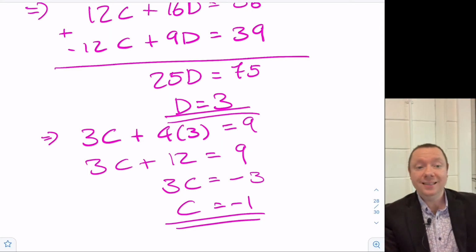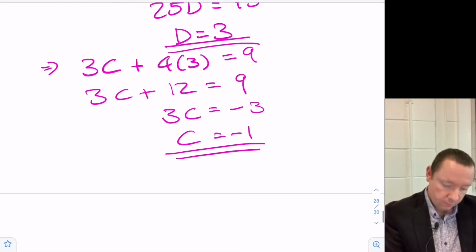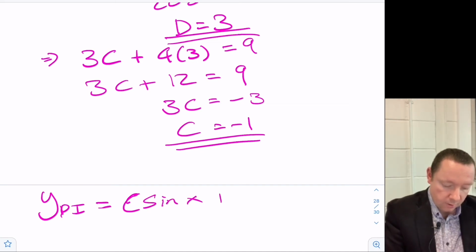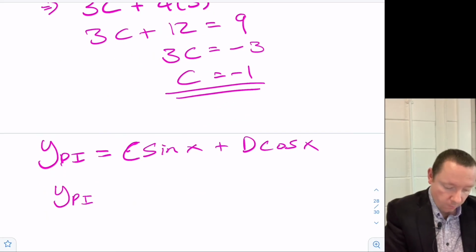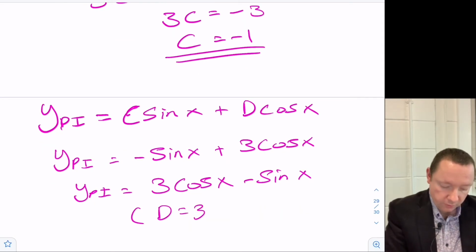So we've got our c and d, so we know our particular integral. So remember, particular integral is c sin x plus d cos x. So that means we've got minus sin x plus 3 cos x, or making that look nicer, 3 cos x minus sin x. Well, that's where d equals 3 and c equals minus 1.